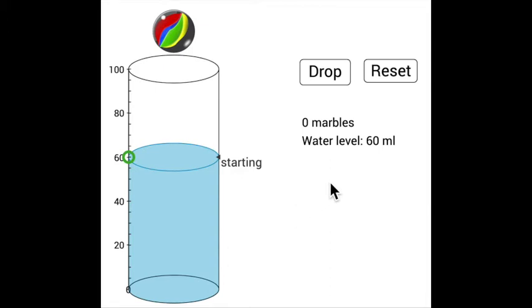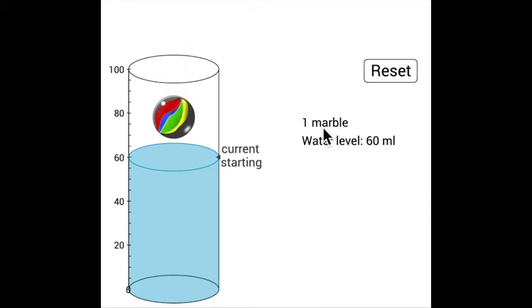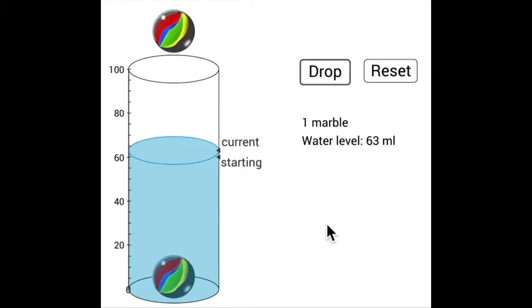Then they're going to drop a marble into this cylinder and tell you what the volume of the water is. So drop one marble, and that volume goes to 63 milliliters. So how much did the volume increase? Well, you have to take away that initial 60 milliliters, and you find that the increase was 3 milliliters.